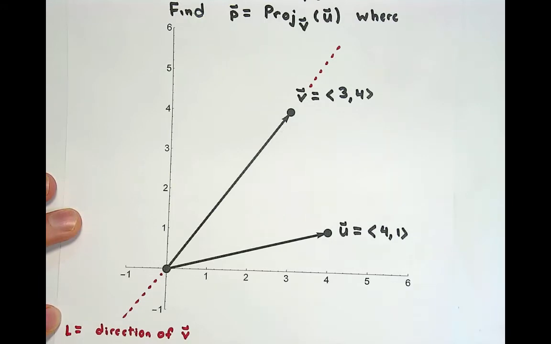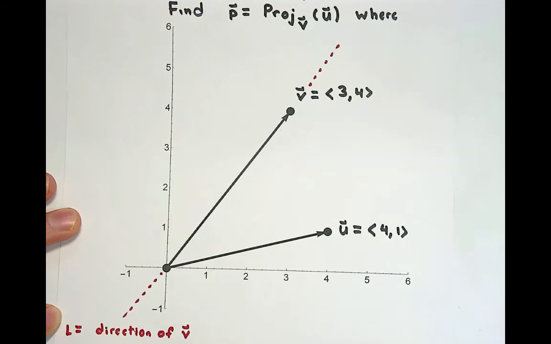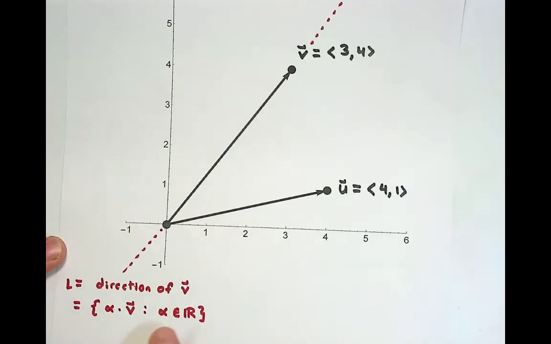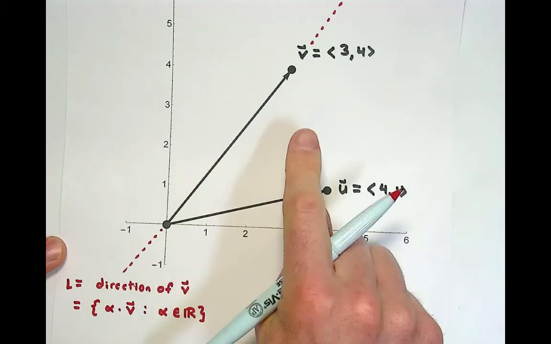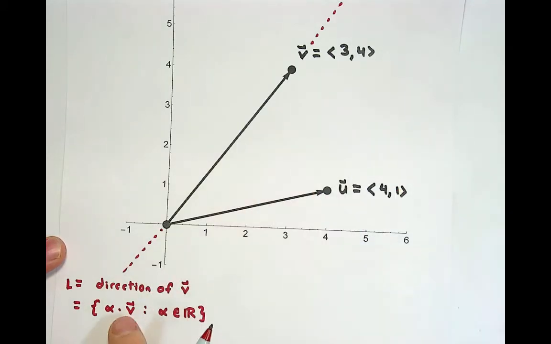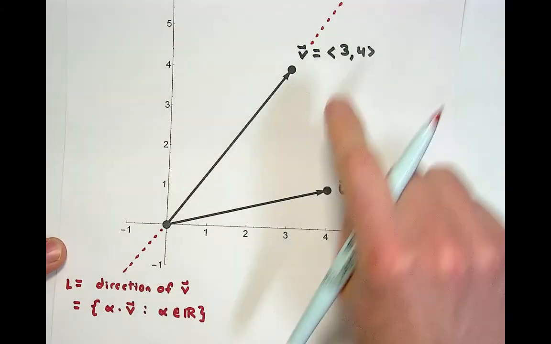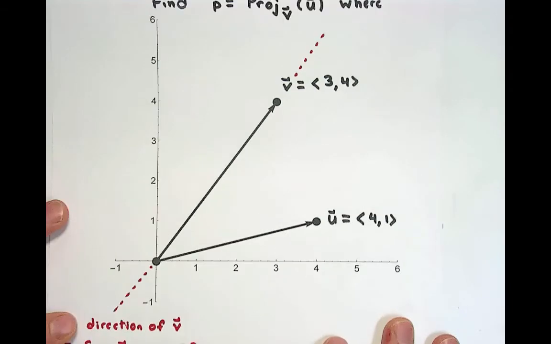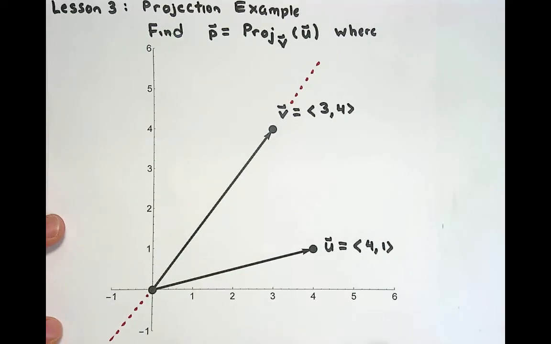It's the set of all scalar multiples times v, for any scalar. It's literally running through the entire set of possibilities in scalars, right? So to be on the line defined by the direction v, you just have to be some scalar times v. The entire line is the set of all scalar multiples of v. Okay, so that's that dotted line.